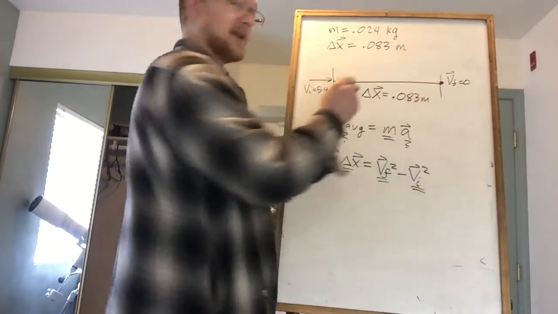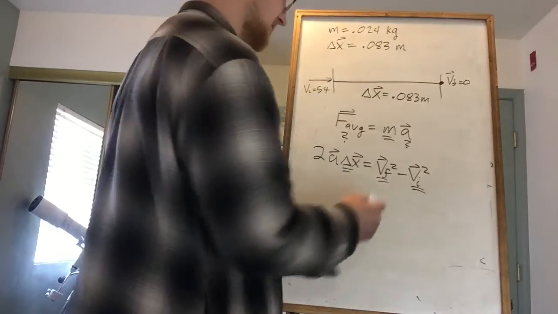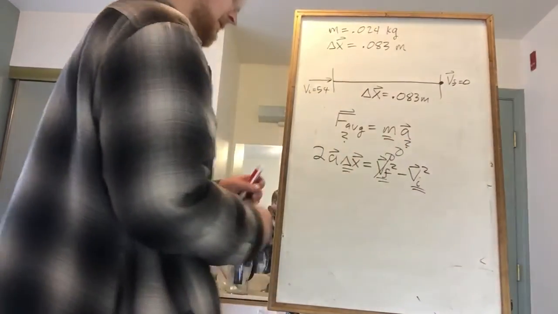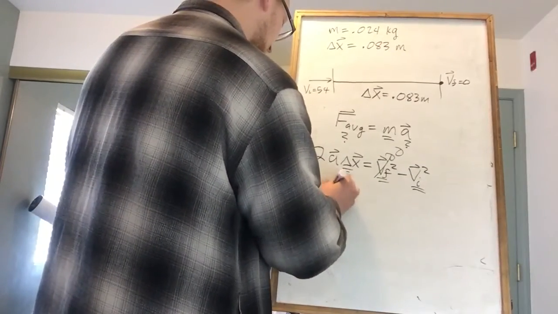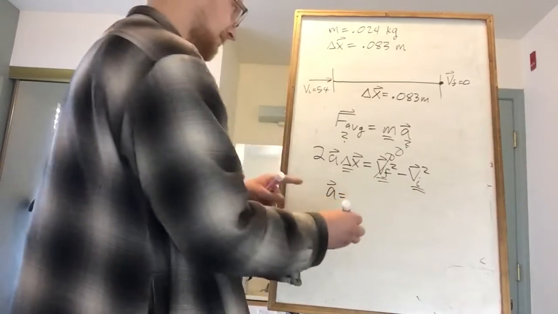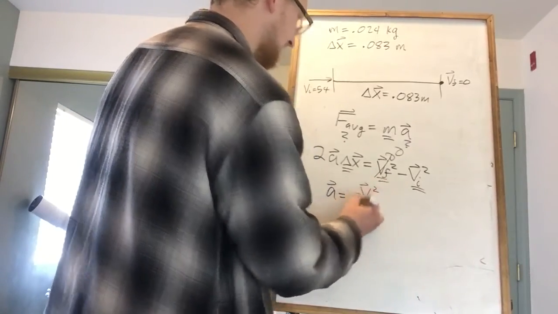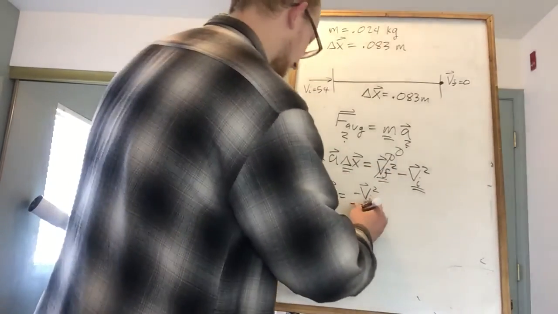We know that by the time the penetration ceases to continue, the velocity of the arrow must be 0. Therefore, this term goes to 0. Now we can go ahead and solve for A. So we know that acceleration equals minus v initial squared, right? Divide by 2 delta x.